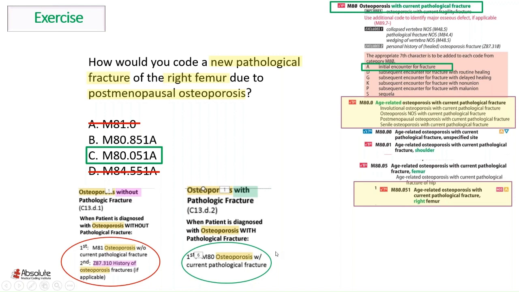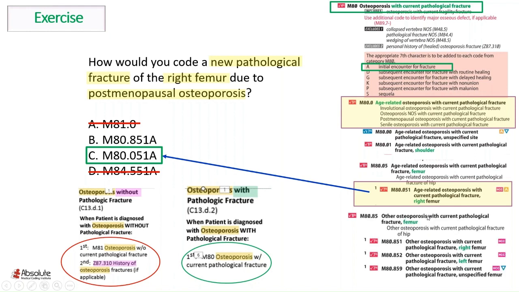Option B and option C: I think option C is coding for age-related osteoporosis with current pathological fracture of right femur, and we have M80.851, which is coding for other osteoporosis with current pathological fracture of the right femur. So option B is wrong.